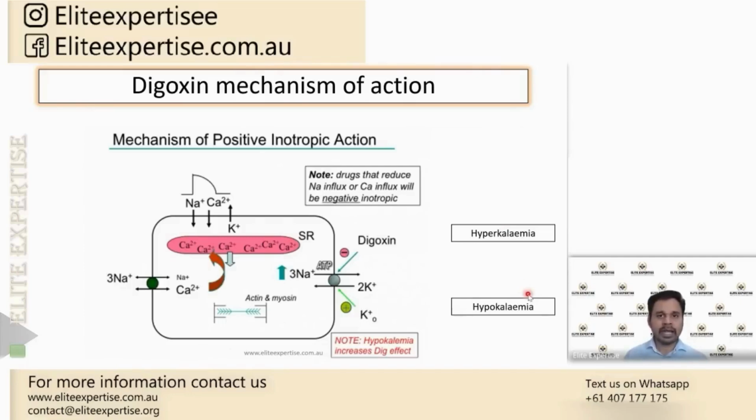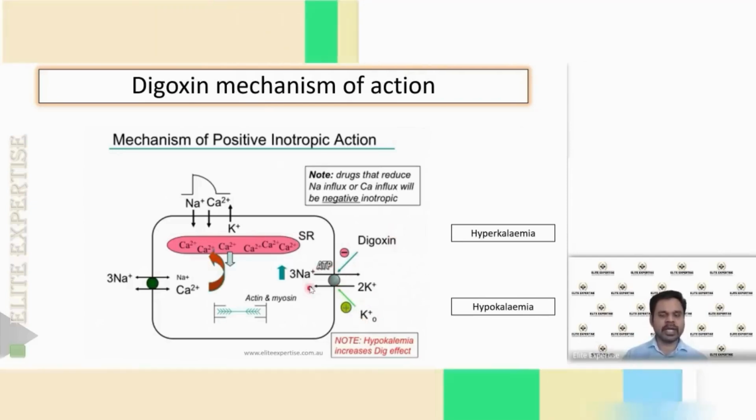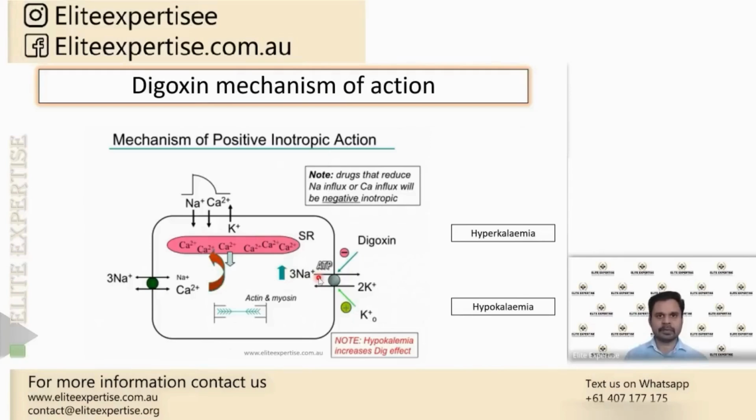What happens exactly here is that digoxin and potassium both fight to bind with the sodium potassium ATPase pump. If digoxin is stronger, it will bind with this pump and block it, which means digoxin will prevent the efflux of sodium ions.